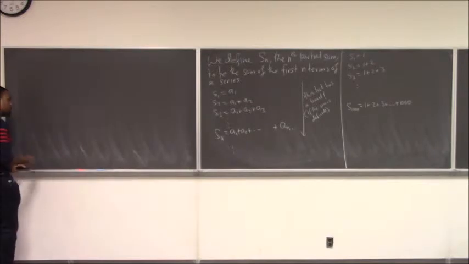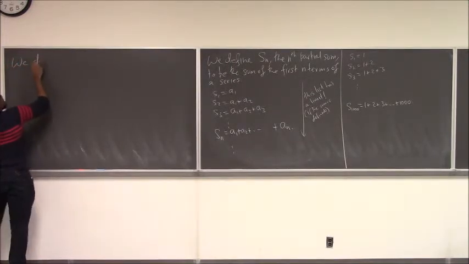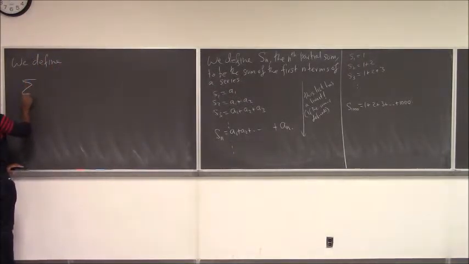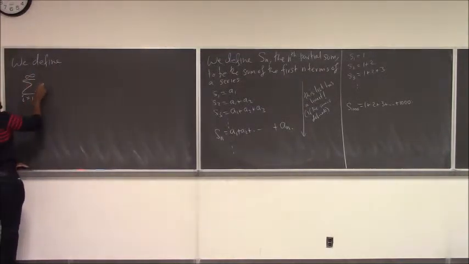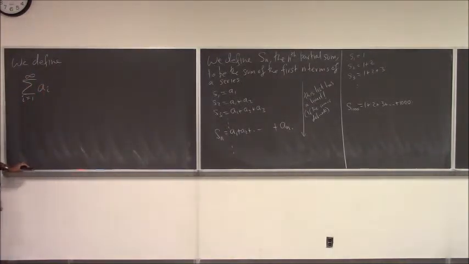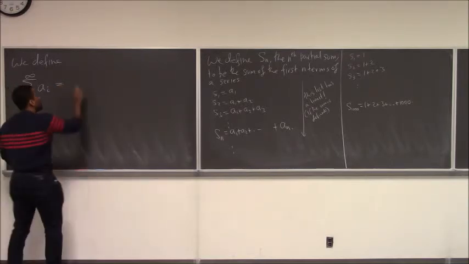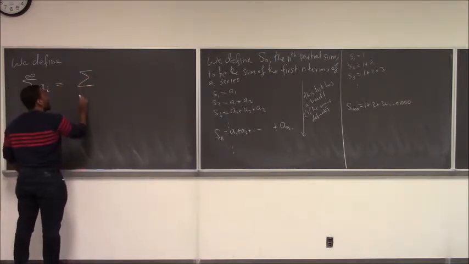So we know this works. And so we define the sum of an infinite number of terms, a_i, to be the limit of a sequence of partial sums.